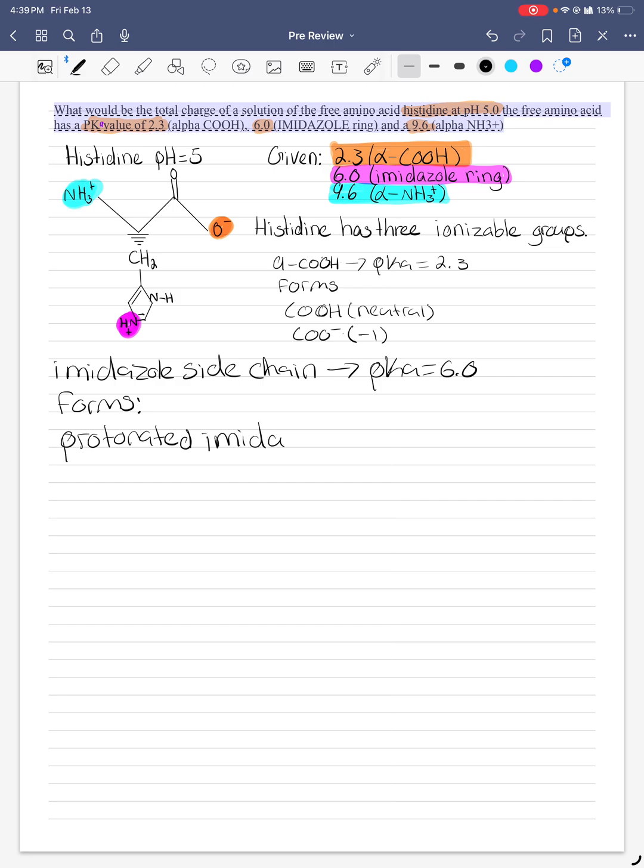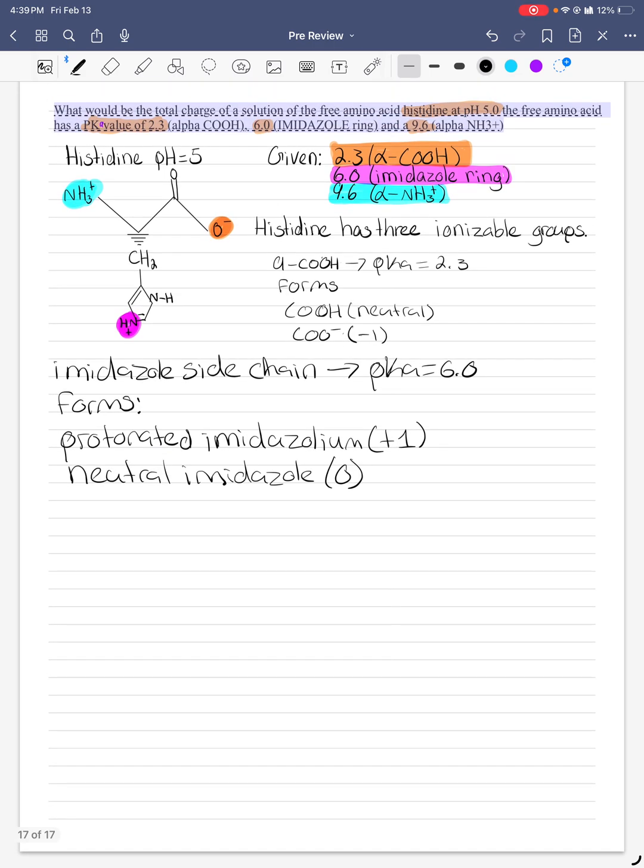Excuse my pronunciation. I have a little bit of a speech impediment, but I am working on it. And then we also have a neutral imidazole, which makes the charge 0, right?